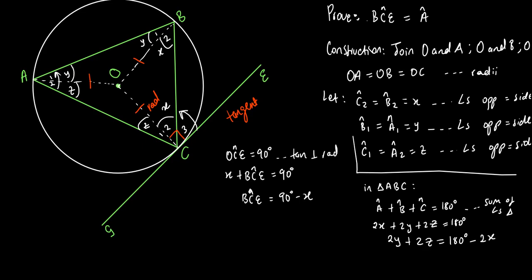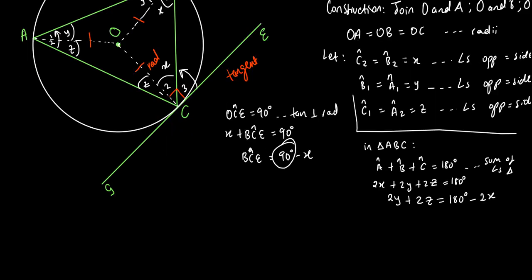But then there is a 90 degrees here. It's not 180 minus x, it's 90 minus x. So what you can do now is divide everything by 2, and you'll be left with y plus z being equal to 90 degrees minus x.